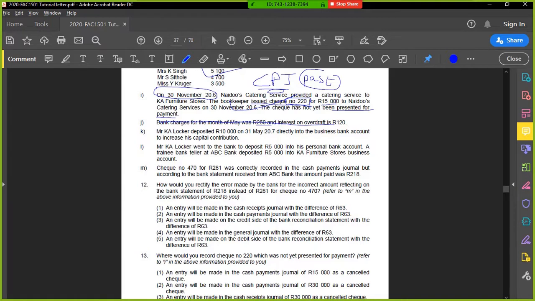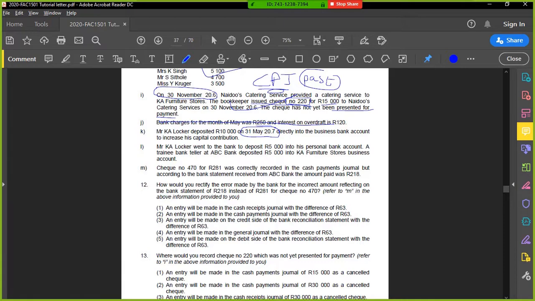Locker deposit 10,000 on the 31st of May directly into the business bank account to increase his capital contribution. What is this? Adjust and reconcile? Are our books correct?